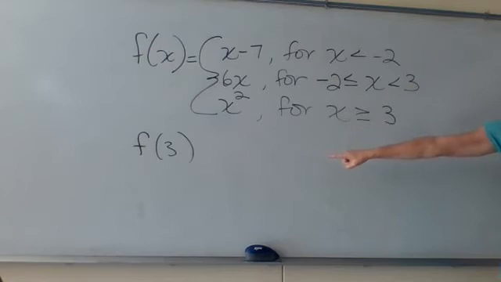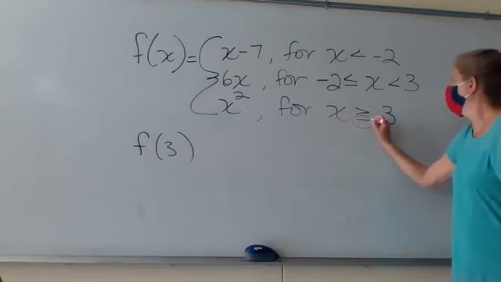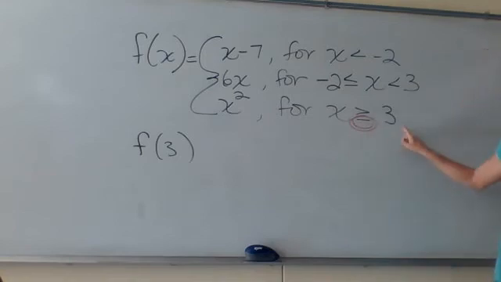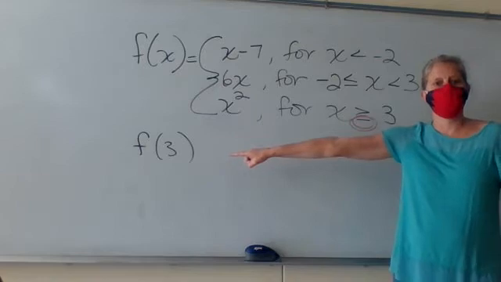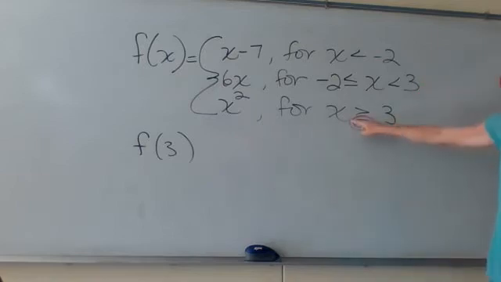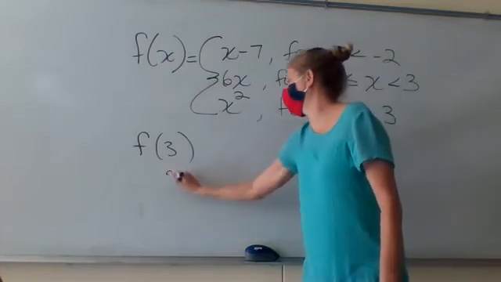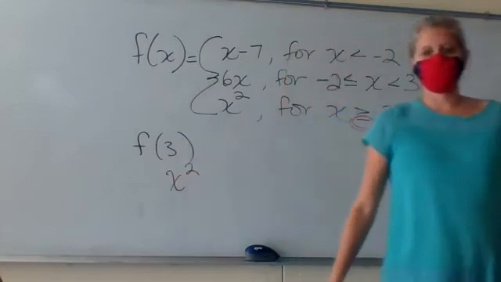What is 3? It equals 3, right? So that's why you want to choose where x is greater than or equal to 3, since we are using 3 as our number. So x equals 3 in the last part, which means which piece would I use? X squared.